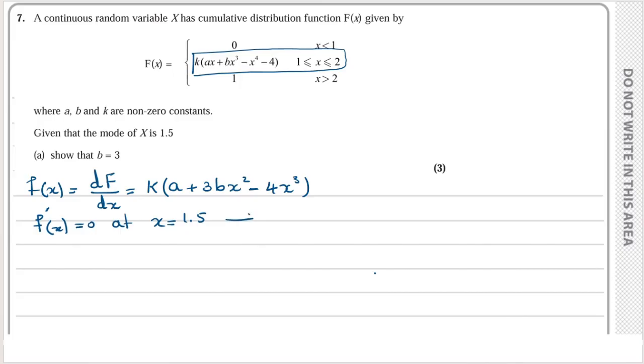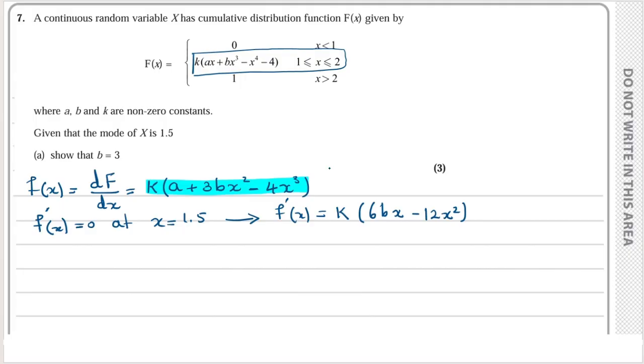So we need to differentiate the PDF, and we get k brackets 6bx minus 12x squared.